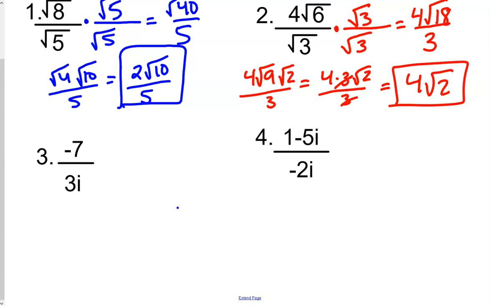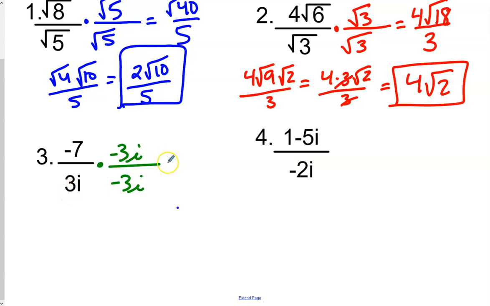We use the conjugate. Remember, the conjugate means you keep the real the same, but you change the imaginary piece. So with number 3, my complex number right now is 3i. The conjugate of that is going to keep the real number, which is technically 0, but the opposite imaginary, which is going to be negative 3i. And we're going to multiply that to both pieces. Why does this work?